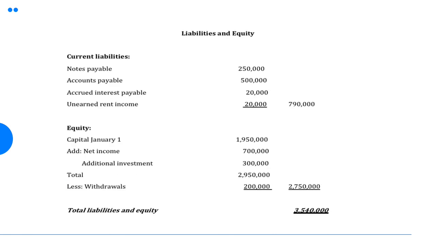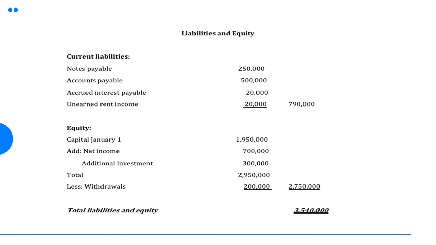Liabilities and equity. Current liabilities. Notes payable 250,000. Accounts payable 500,000. Accrued interest payable 20,000 and unearned rent income 20,000. Total liabilities 790,000. Equity. Capital January 1, 1,950,000.